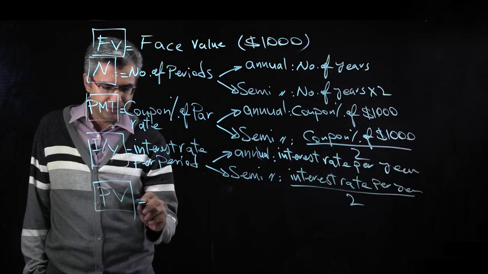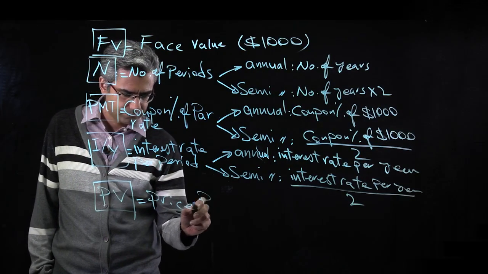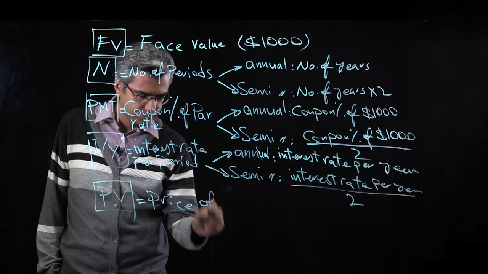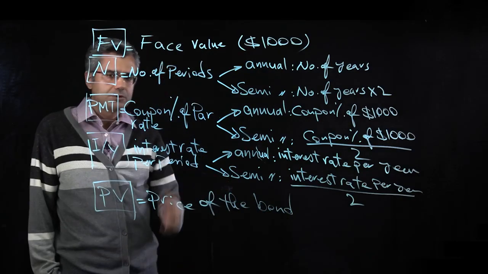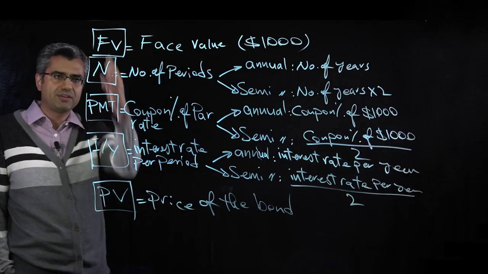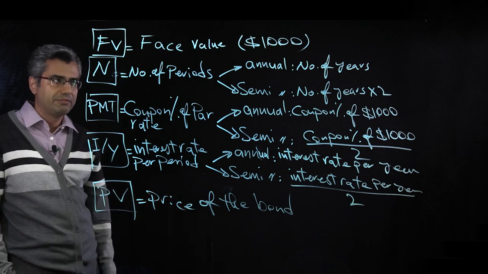And present value is the price of the bond. So this is the way you can compute the bond price. So 5 parameters, you always have 4 of them, and you need to compute the 5th one.